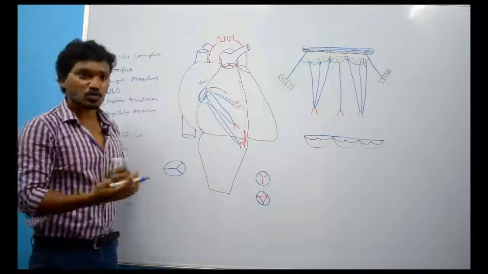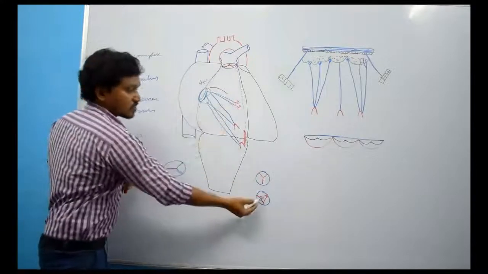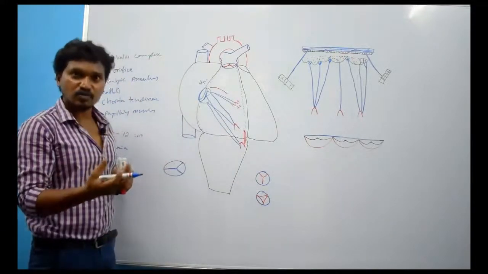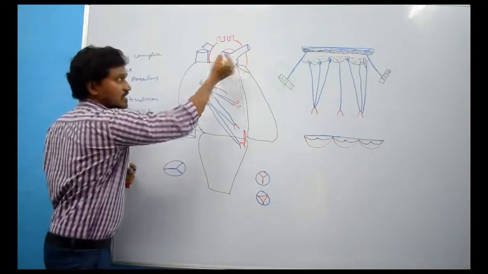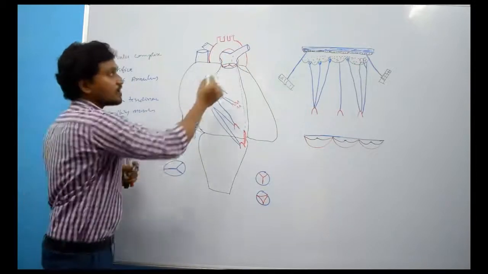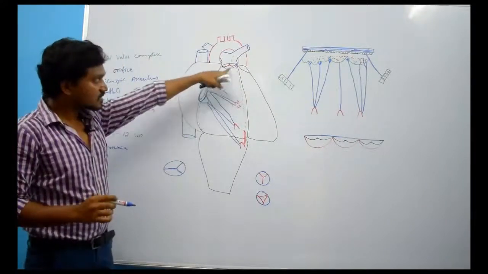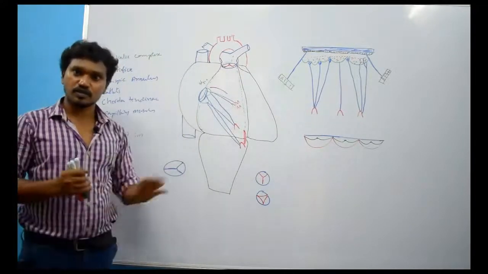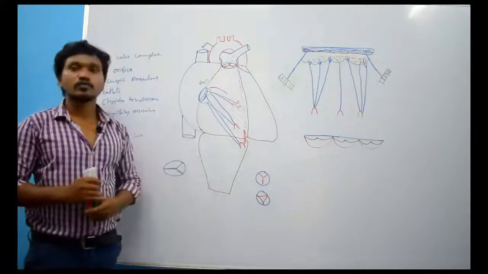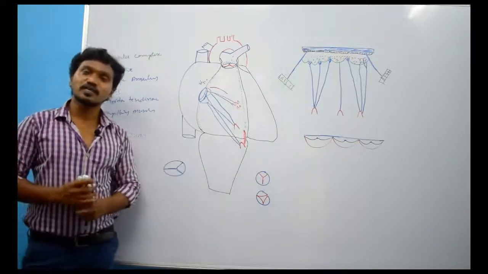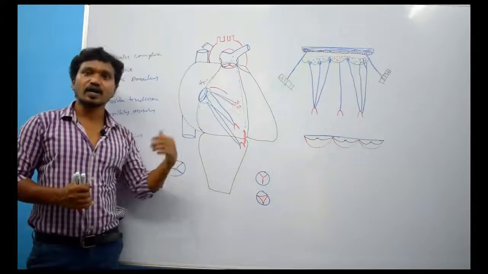During systole, blood will eject through this orifice. During diastole, some of the blood will regurgitate and pool over here. Why is it pooling here? Because these valves are closed. Is it okay? Then we will discuss the interior of the left atrium and also the left ventricle.